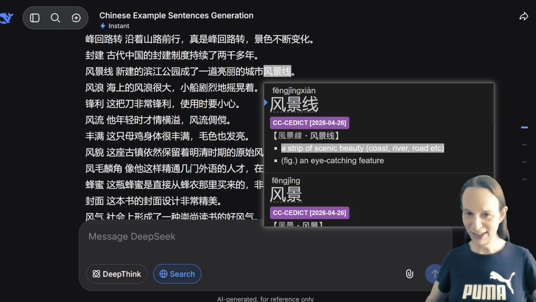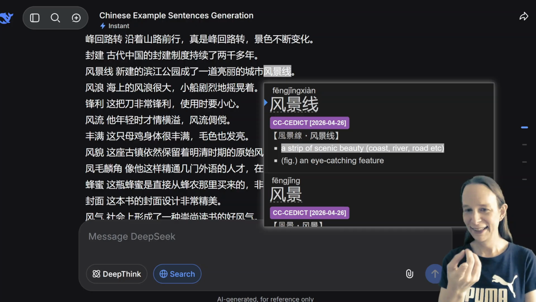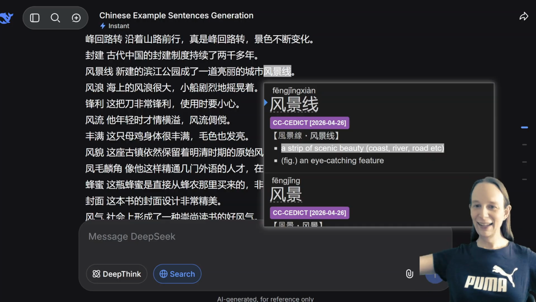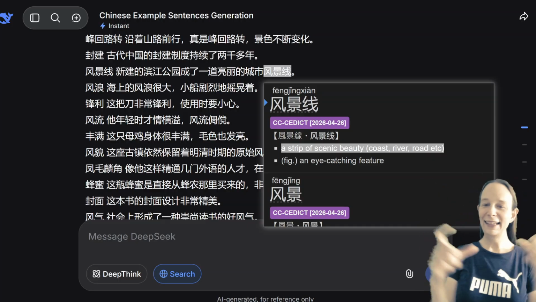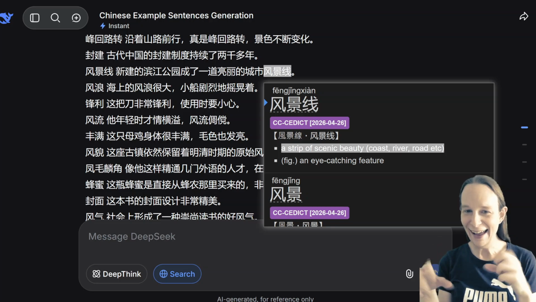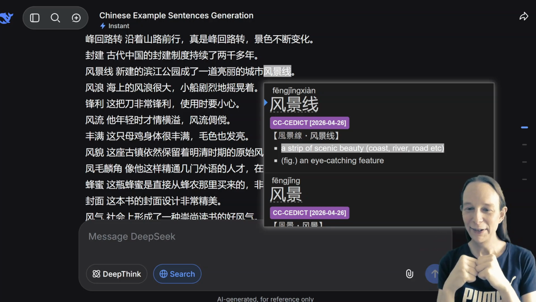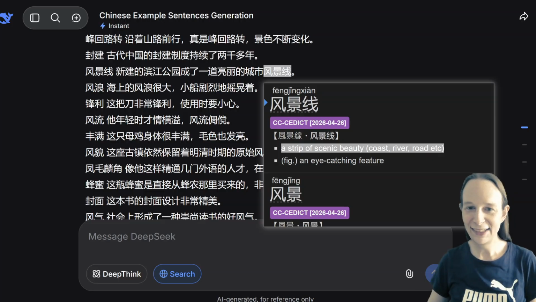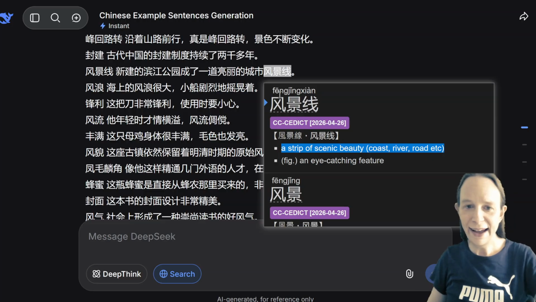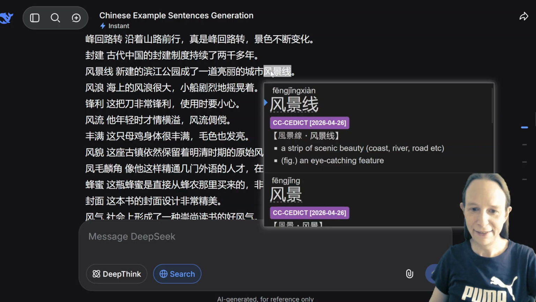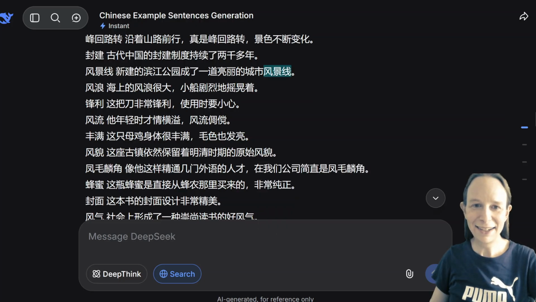Okay, not skyline, but this. We don't have this in English. A linear shaped area of scenery. 风景线, a scenic line. Yeah, I kind of don't know why this word exists. 风景线. Is it actually used?